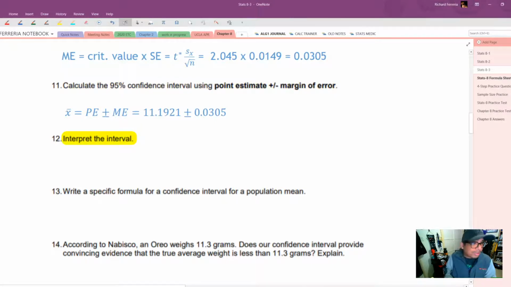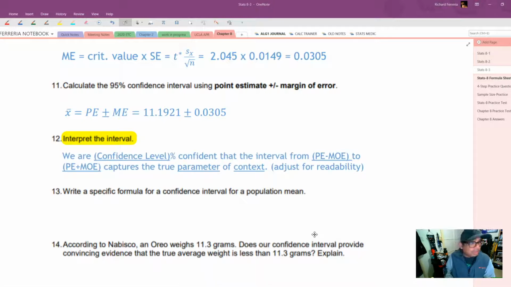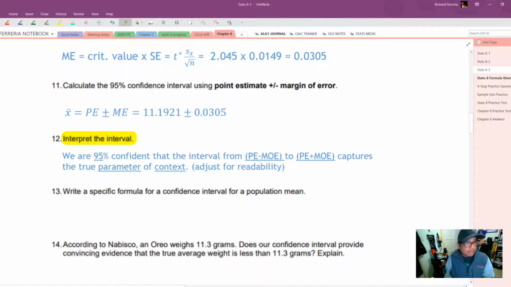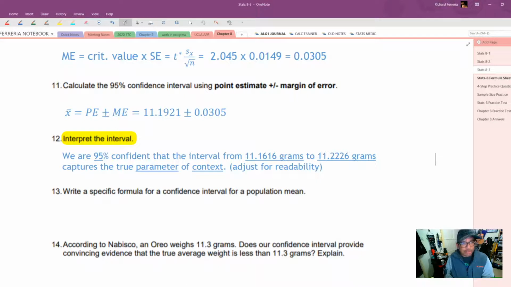We're going to interpret that interval using our sentence frame that we always use. So we are 95% confident that the interval from 11.1616 to 11.2226 grams captures the true mean weight of Oreo cookies.